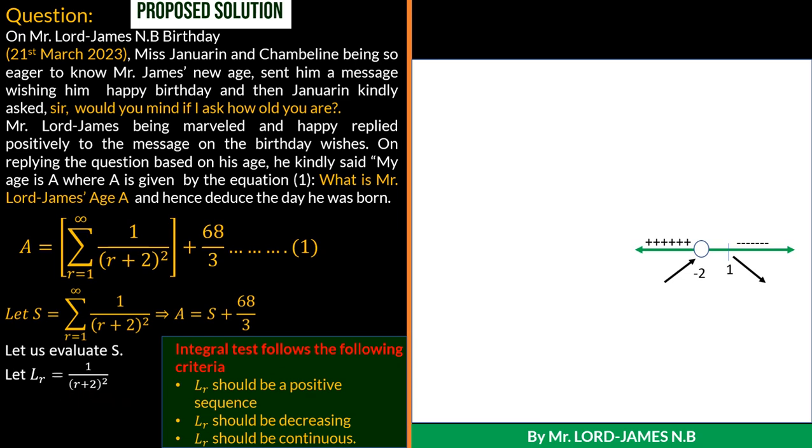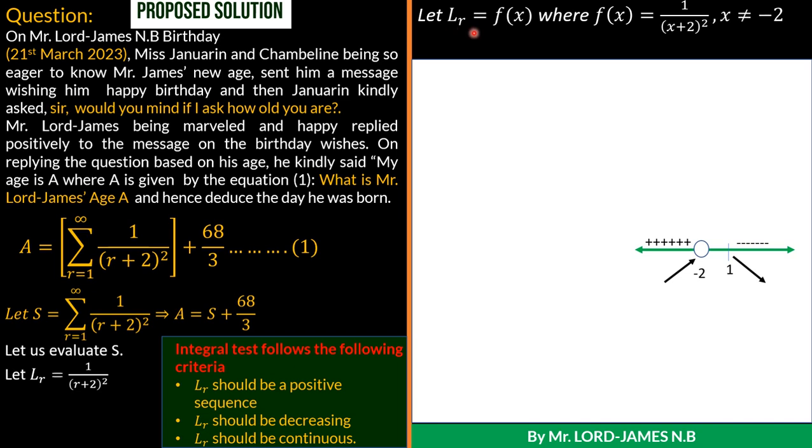So in general, we clearly see that for this sum S, r starts from 1 right up to infinity. So we can deduce that r is greater than or equal to 1. In other words, r is found in the interval from 1, closed, up to positive infinity, open. So let us define now this function in terms of x in order for us to deal with familiar things.